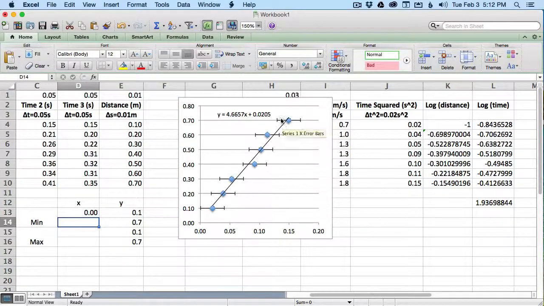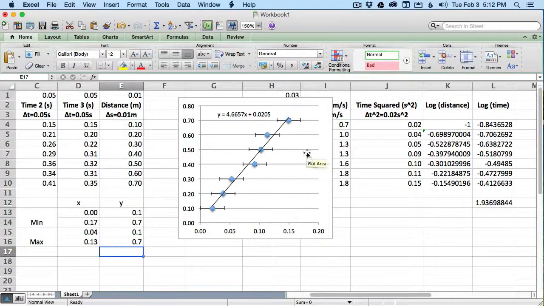For the 0.7, if I go out here, this is 0.15 plus 0.02, so that'd be 0.17. For the maximum slope, I'll go from here to here, and so I'll have 0.02 plus 0.02, 0.04. And for this top point, I'll have 0.15 minus 0.02, that'd be 0.13.